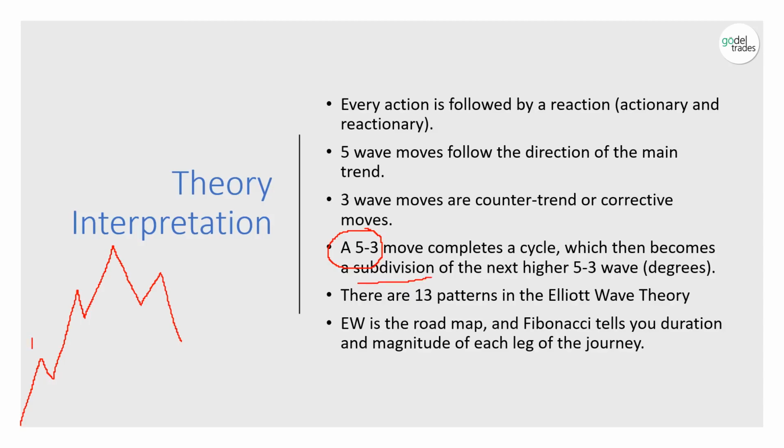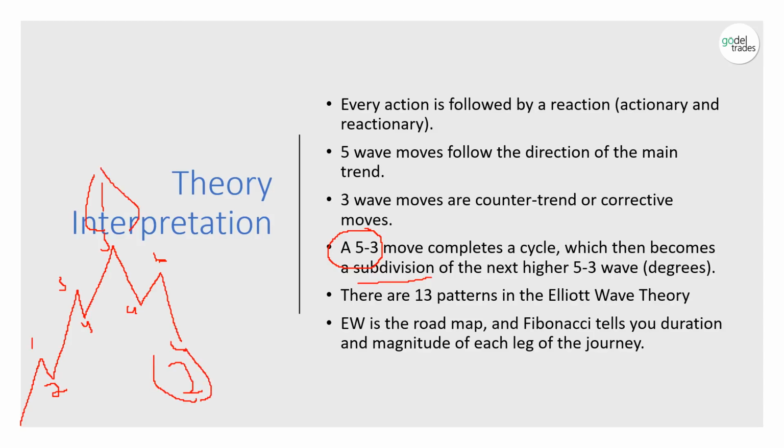And what I mean by that is you've got this 1, 2, 3, 4, 5, A, B, C. Okay, so that's 5-3. That's making up 1 and 2 of a higher degree sequence.